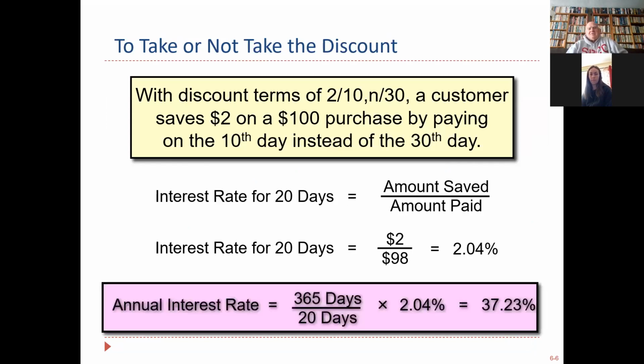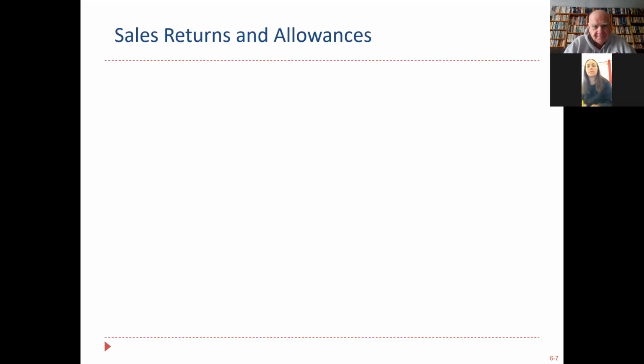If you find somebody willing to give you 2% interest in just 20 days, you'd be crazy not to take it, because 2% means you're getting it not every year, but every 20 days. You divide those 20 days into a year, 365, and then multiply it by the percentage, which in this case is 2%. You're really getting 37.5%. So a 2% discount in these markets today is a fantastic deal.